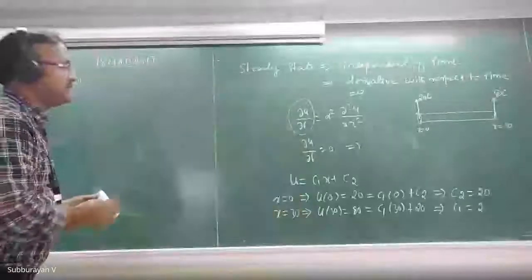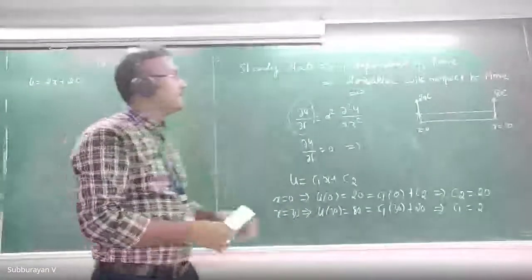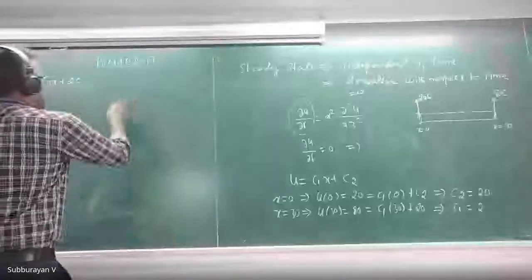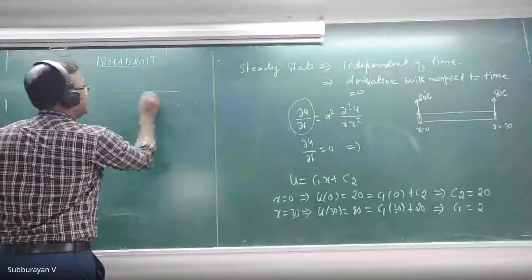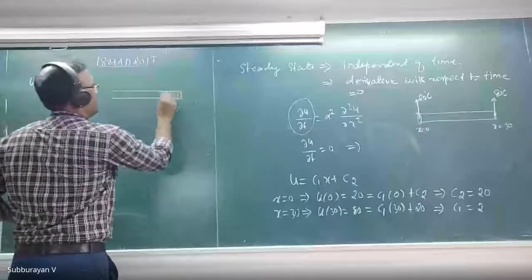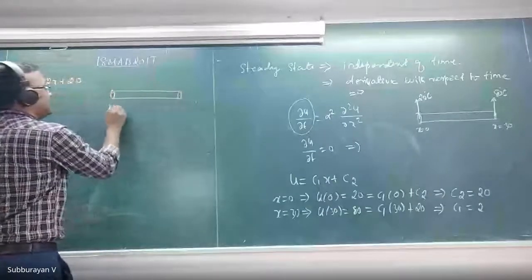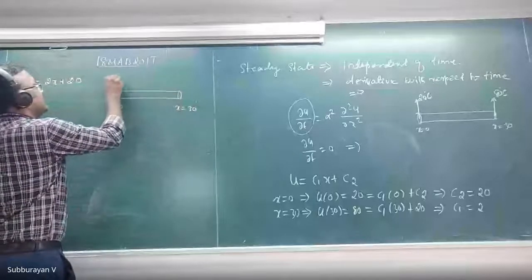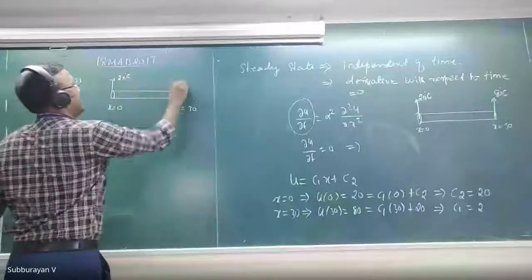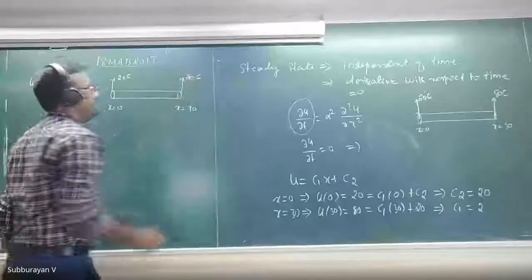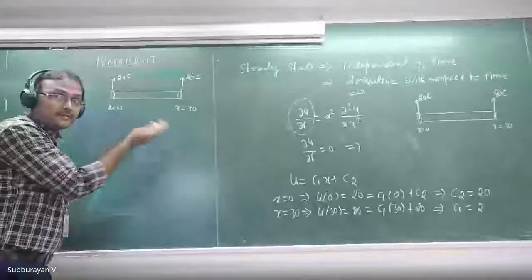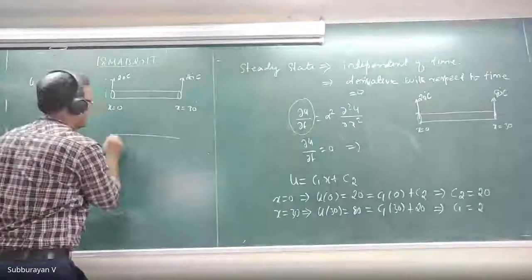Therefore, we have to reformulate such a problem as another problem. Initially this is a rod, with x equal to 0 here and x equal to 30 here. Here the temperature is 20 degrees Celsius and here it is 80 degrees Celsius. Then we are going to change the temperature at both ends. That means this is a new rod.